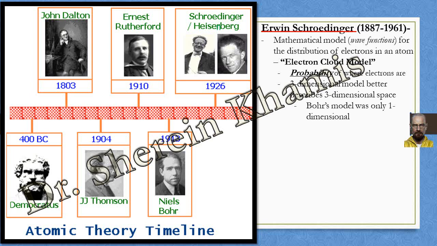So the electron can move according to x, y and z dimensions, whereas Bohr, before it, mentioned only one-dimensional particle behavior, and Schrödinger depends on the mathematical model of the wave.